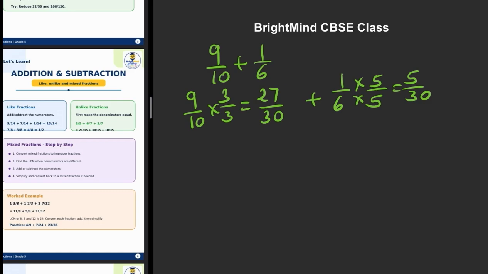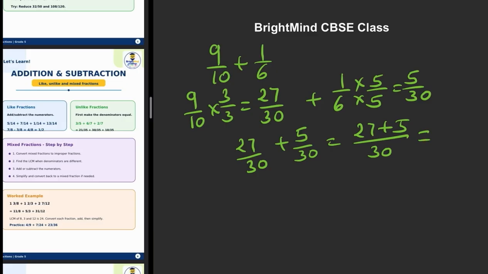So what will the answer be? 27 by 30 plus 5 by 30. We can write 27 plus 5, the denominator is the same, it will become 32 by 30.